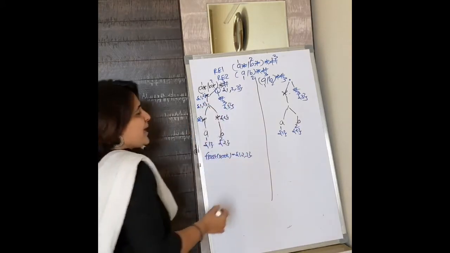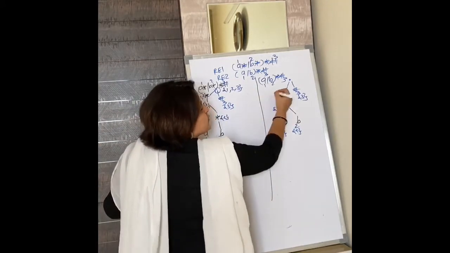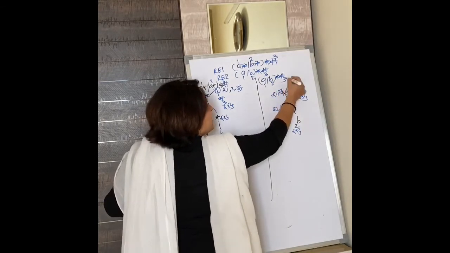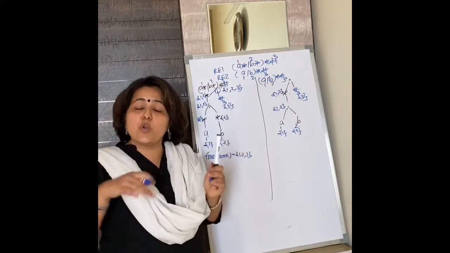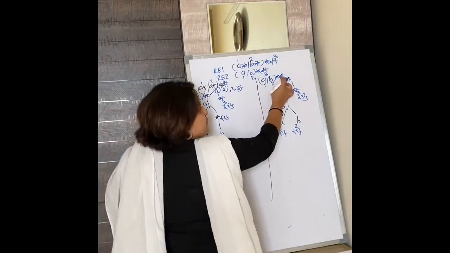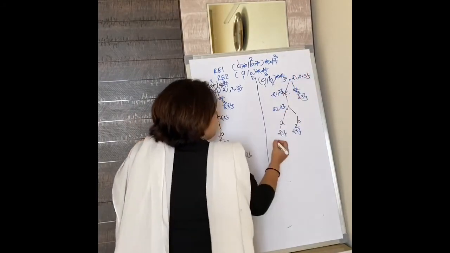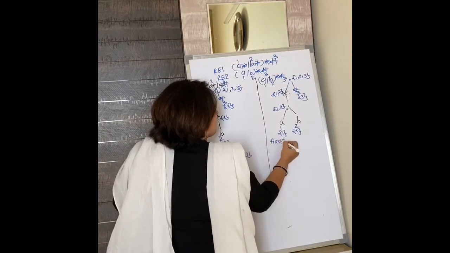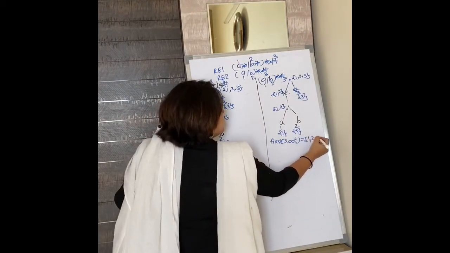Similarly here, A or B, so you have either 1 or 2, but it is concatenated with 3. If it is (A or B) star, meaning 0 or more occurrences of A or B, and if it is 0 occurrence, what is possible at the first position? 3. So first of root will be 1, 2, 3.